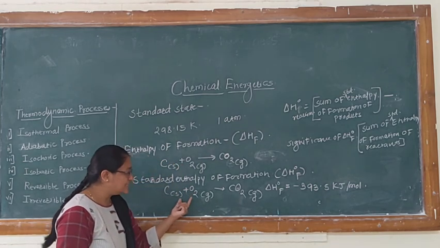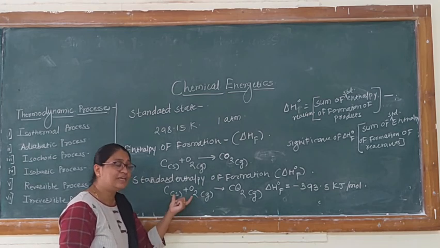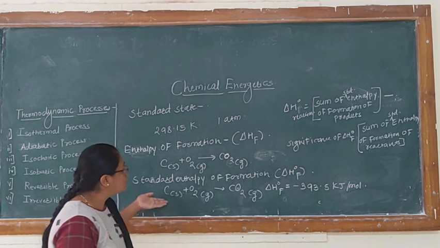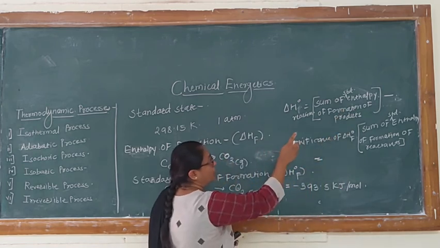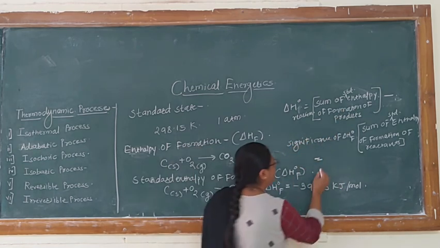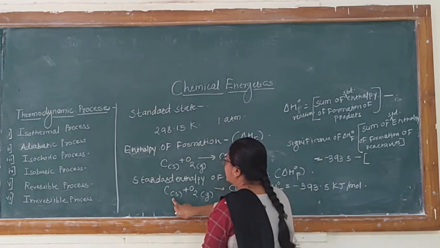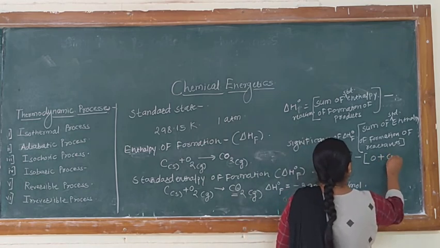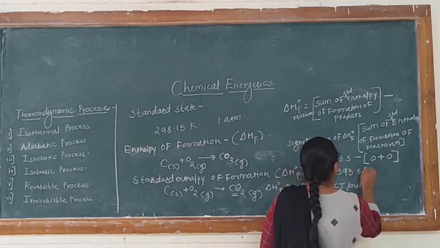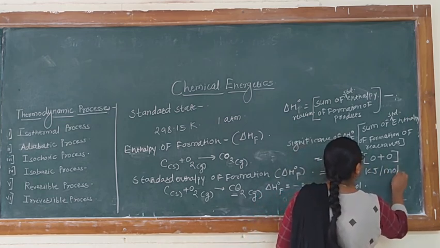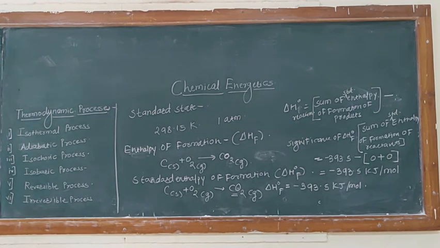So for this reaction, the standard enthalpy of formation of the product, carbon dioxide, we know is minus 393.5. The standard enthalpy of formation for carbon will be zero, as well as oxygen. Therefore the enthalpy of the reaction is minus 393.5 kilojoule per mole.